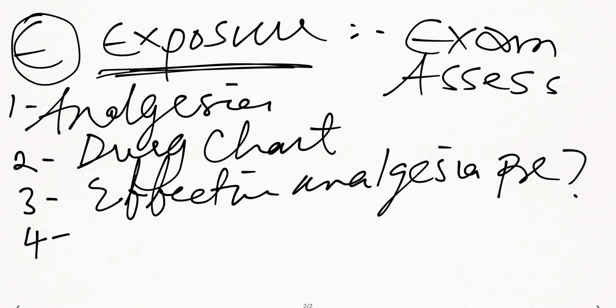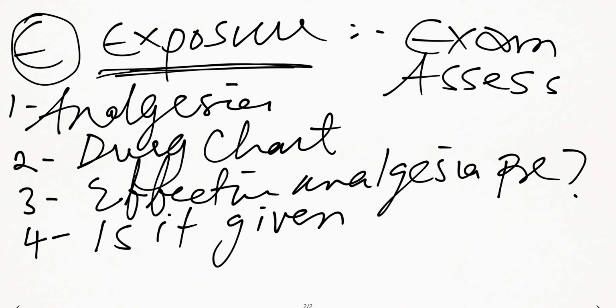The second question here is, is it given or not? Is the analgesia given? Maybe the nurse responsible did not remember for any reason, crowdedness, anything. So you want to know that.